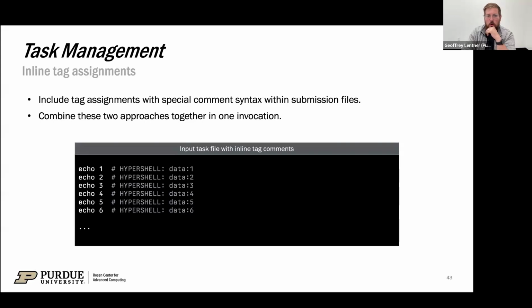This has been around for a while. So kind of like your SBatch directives or whatever your main scheduler is, if there are comment lines, those get parsed at submit time, and it will extract the tagging assignments in there. So in this case, in addition to the UUID that each task gets, it's going to grab the input argument, which we're sort of assigning so that we can deal with that effectively.